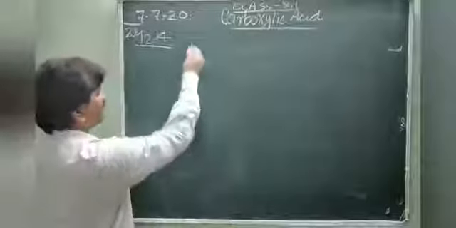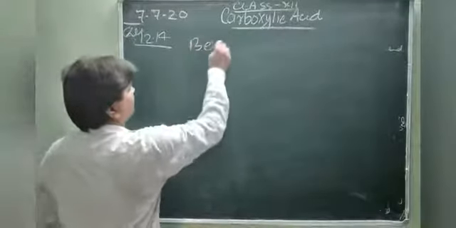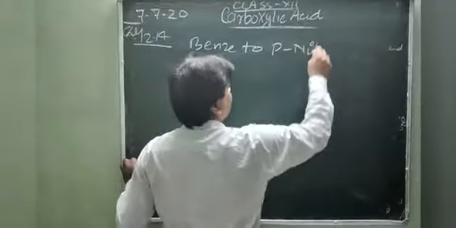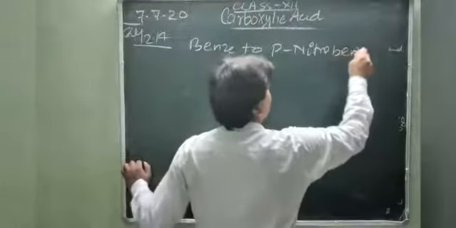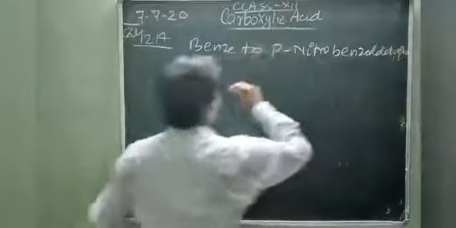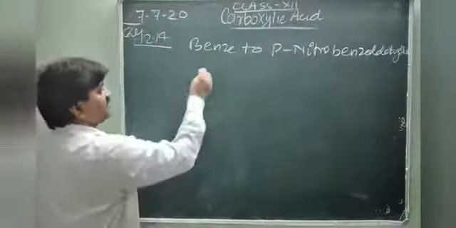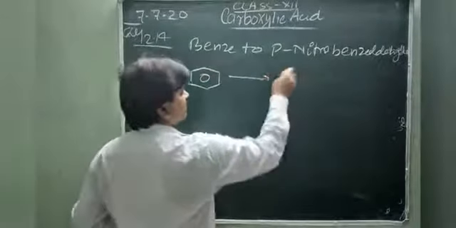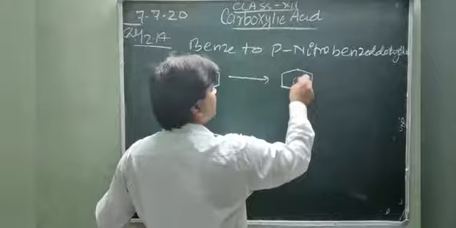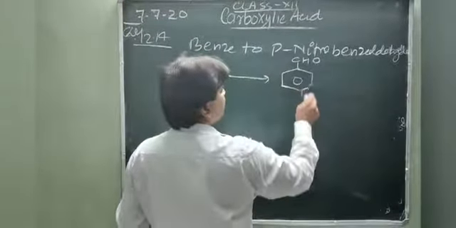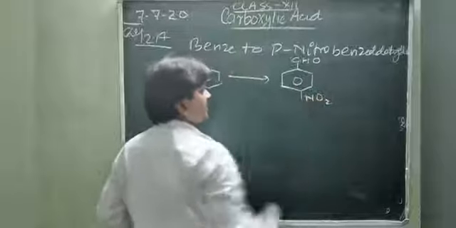Benzene to para-nitrobenzaldehyde. First you write the structure of both. This is benzene, and to form this, CHO, and the para position is NO2, para-nitrobenzaldehyde.